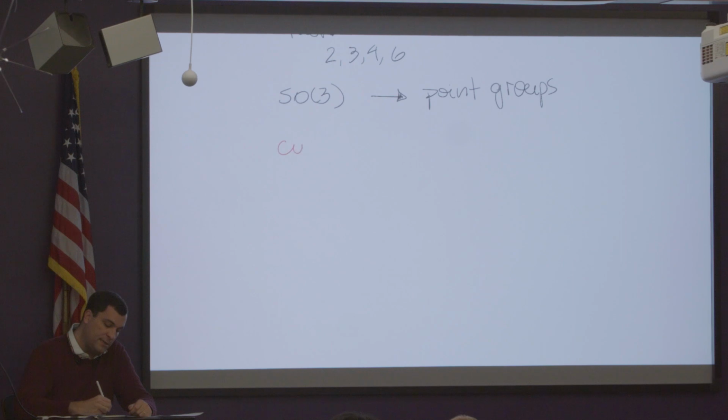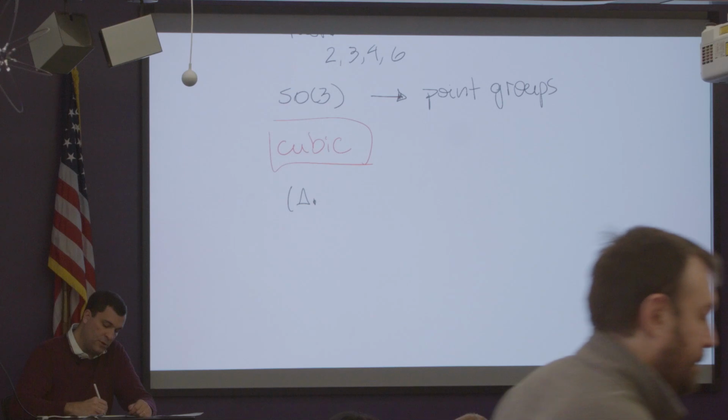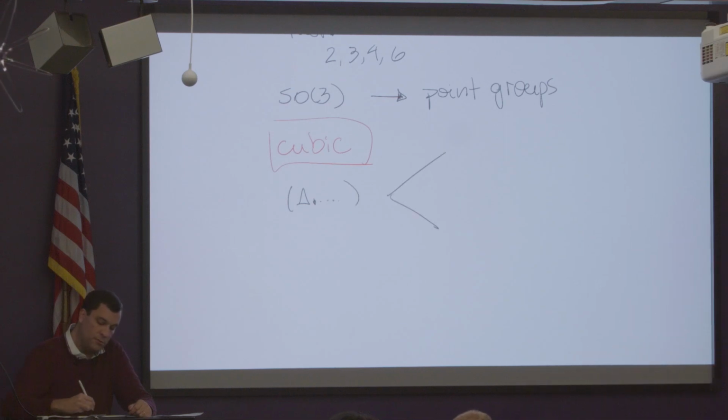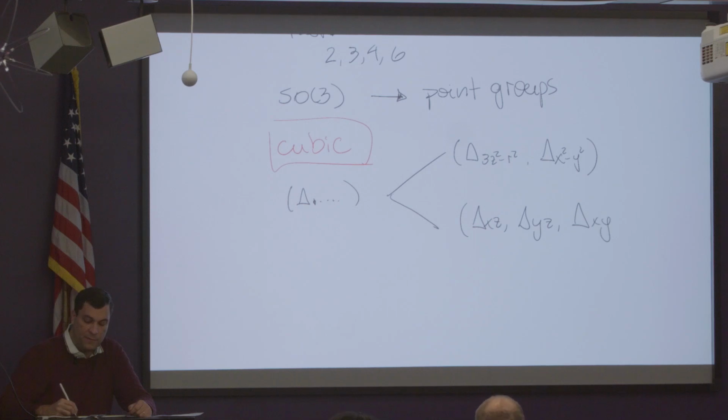So if I have a cubic system, these 3 components here, they split in 2. There's one that is d 3z squared minus r squared, dx squared minus y squared, and the other dxz, dyz, and dxy.